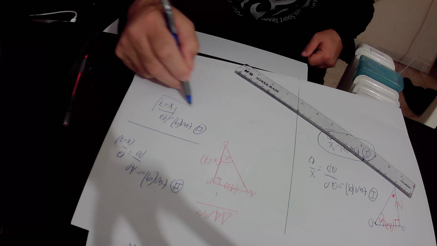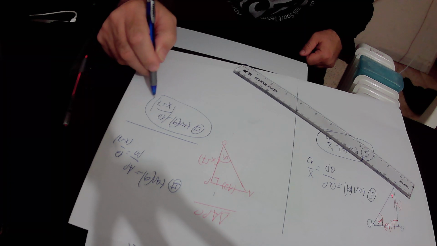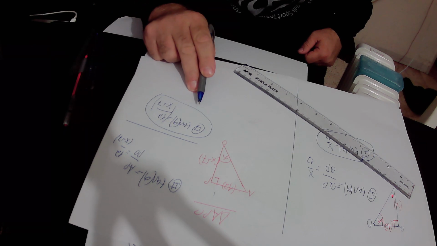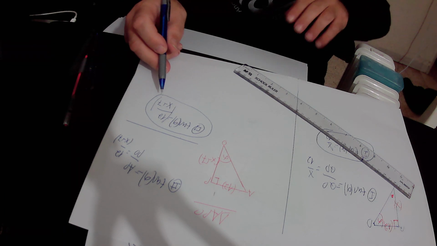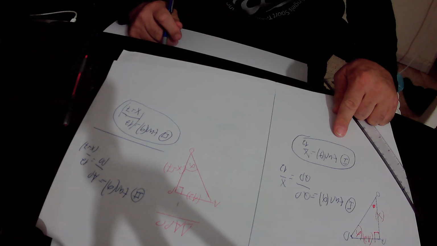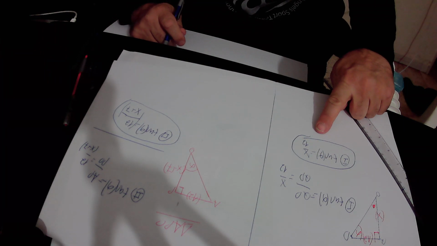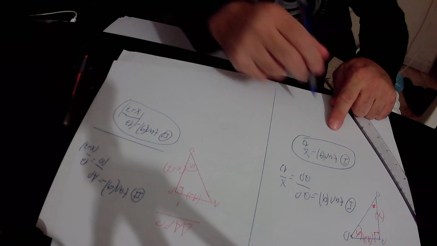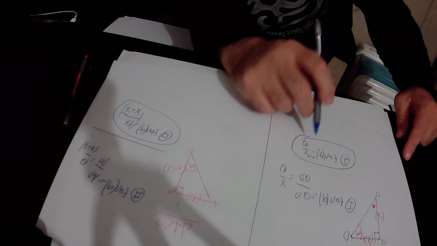So we have two different expressions for tangent alpha. According to equation number 2, tangent alpha equals 12 over X plus 7, while according to equation number 1, tangent alpha equals X over 12. In the next step we create equation number 3.